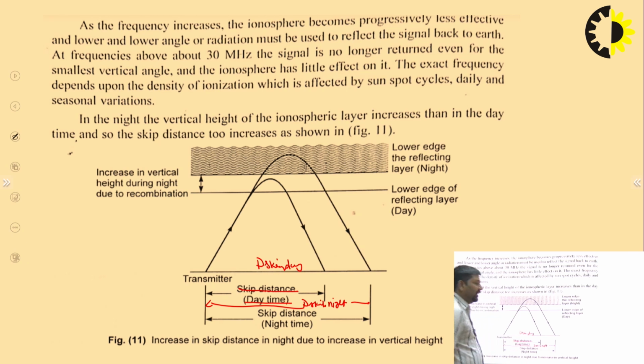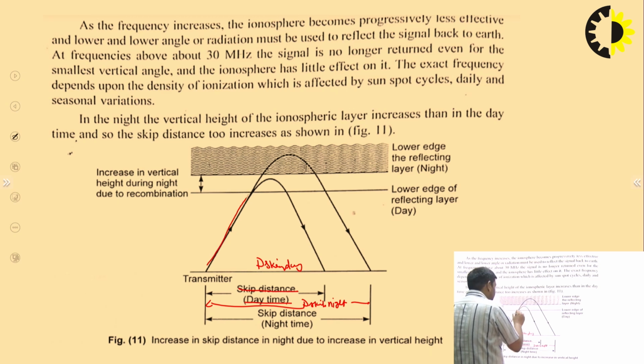Due to the night time, the upper layer is a rare medium. The upper layer is not involved, because the sunlight is not on the earth's surface. So that means the medium is rare.